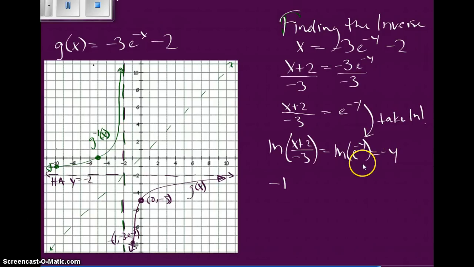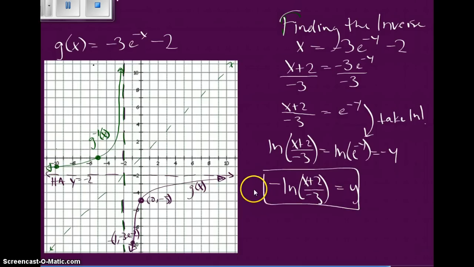So I have log of (x plus 2) over -3 equals negative y. I want positive y, so I just multiply both sides by -1. And so I end up with negative log of (x plus 2) over -3 equals positive y, and that's going to be my inverse function.